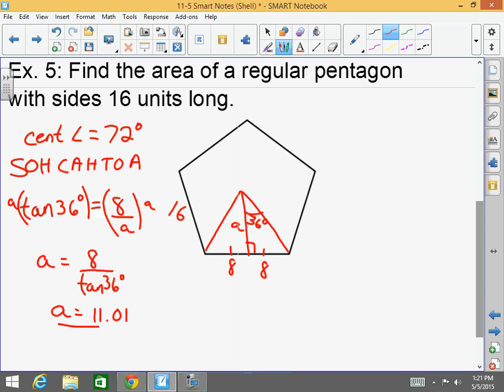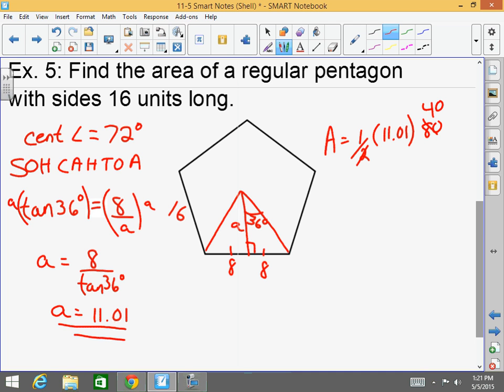Once I have my apothem, now it's Mickey Mouse. Area equals 1/2 of apothem times perimeter. 16 times 5 is 80. So that's 40.